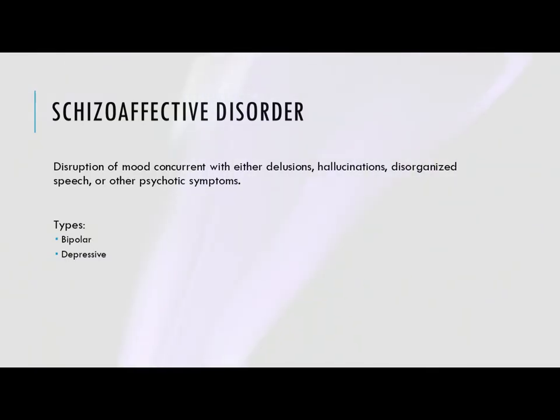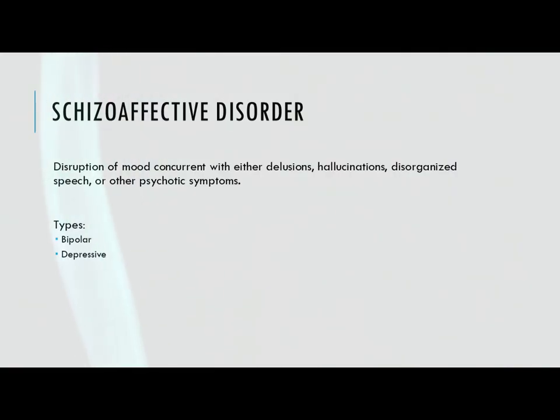So here I just want to clarify a little bit the different types, because you can have bipolar type or depressive type. So schizoaffective disorder can be characterized into these two types. The bipolar type is just what you would expect. It involves episodes of mania and sometimes major depressive episodes. And psychotic symptoms occur both during and outside of mood episodes.